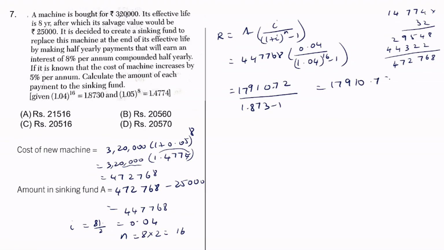So this is 0.873. When we divide, we get it as 20,516. So the correct option is option C, 20,516. So the amount of each payment to the sinking fund is 20,516. So this is one extra step which we have to do, since it is given the cost of the machine increases by 5% per annum.